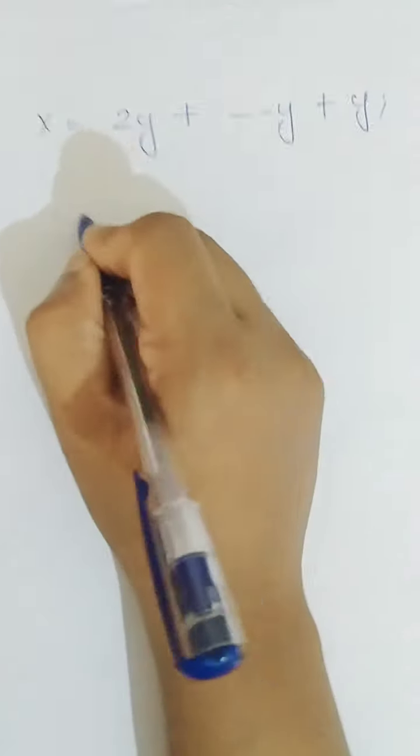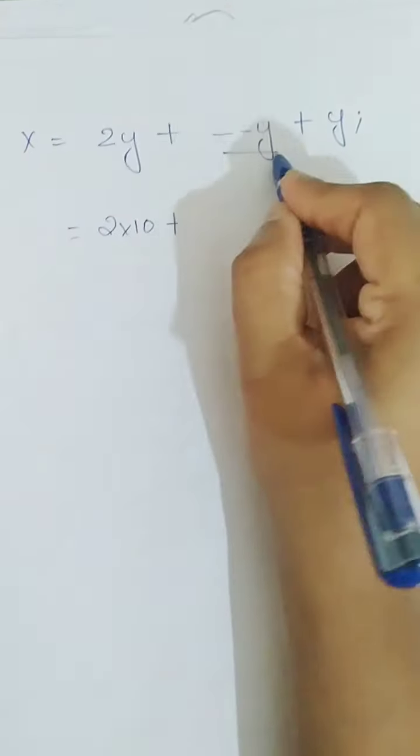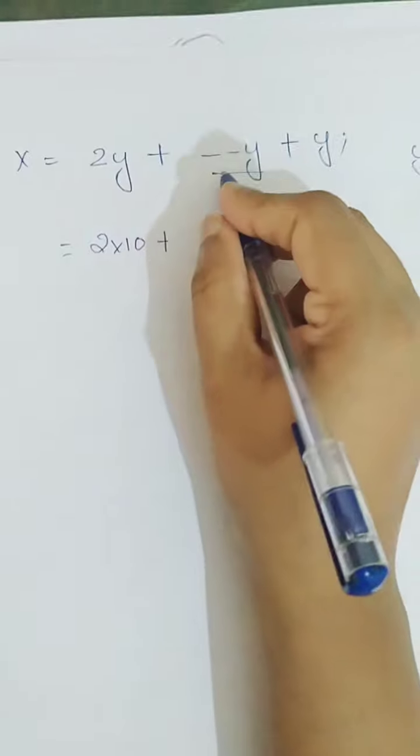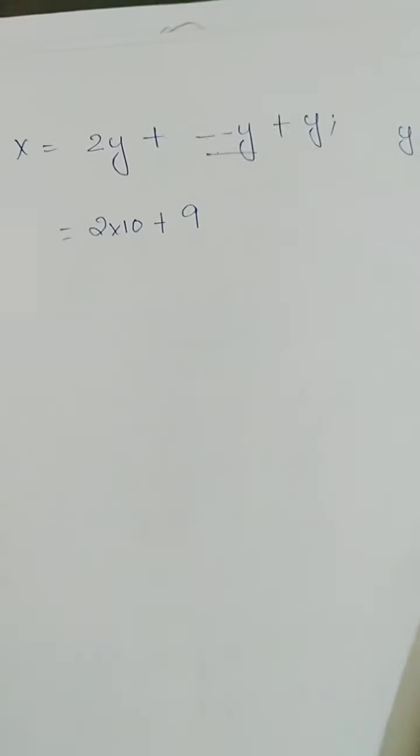Same for the decrement also. We'll do the decrement. X is equal to, suppose we have 2y here plus minus minus y plus y. We'll solve this x. Okay, we'll give y is equal to 10. 2y in the sense 2 into 10 plus minus minus 10 means it is prefix, so it will change and use 9. So y's value becomes now 9.